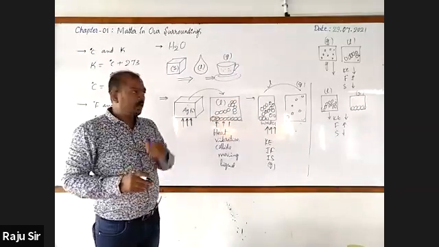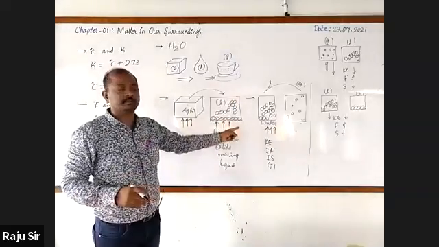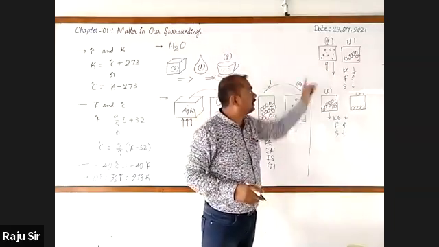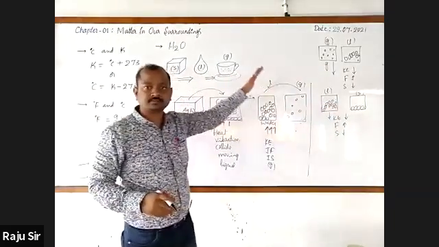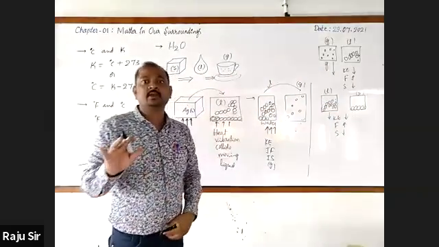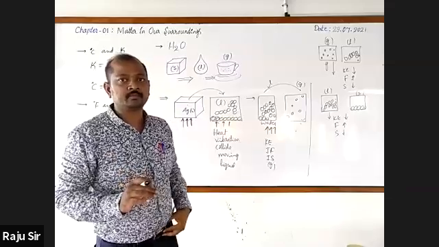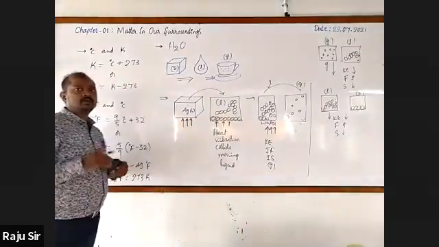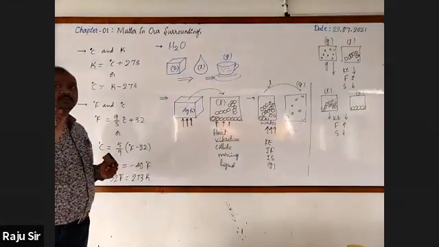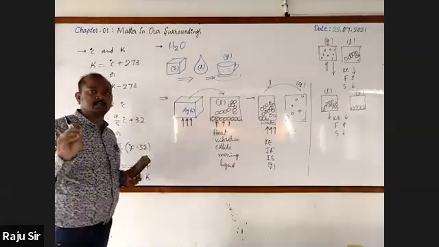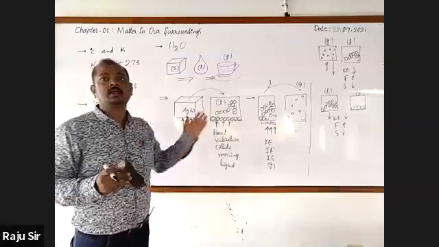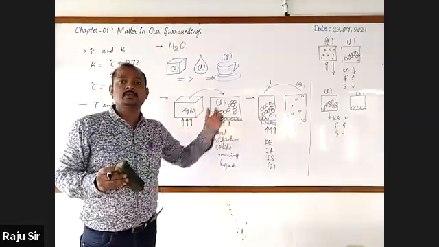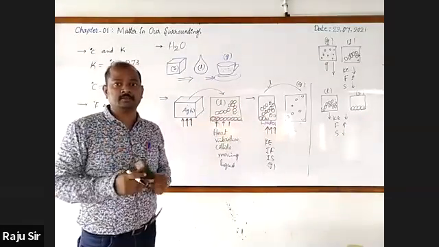Increase. To convert gas into liquid and liquid into solid, decrease the temperature. So from this we have come to know that temperature is one of the physical quantities responsible for conversion of different states of matter.